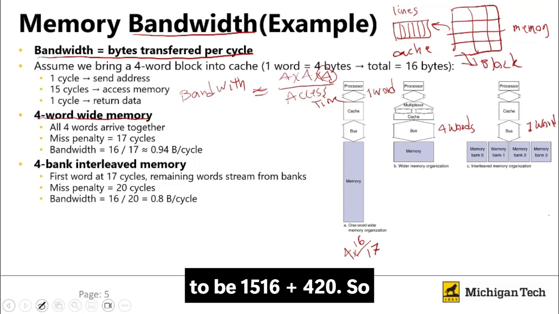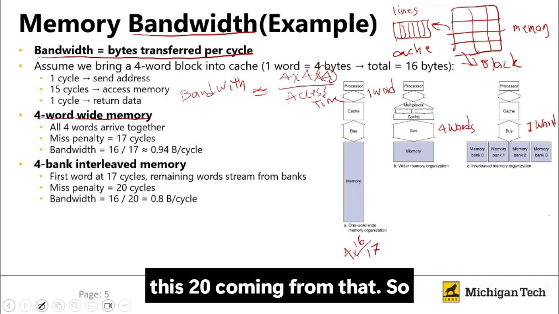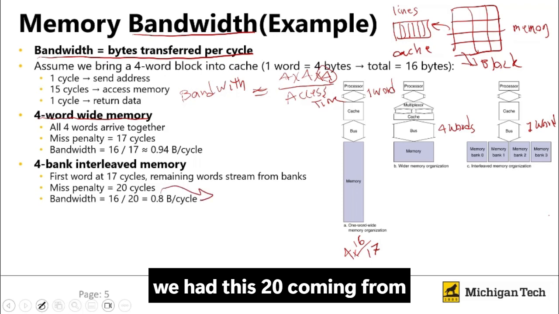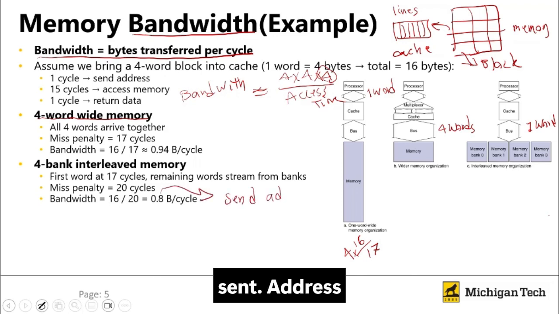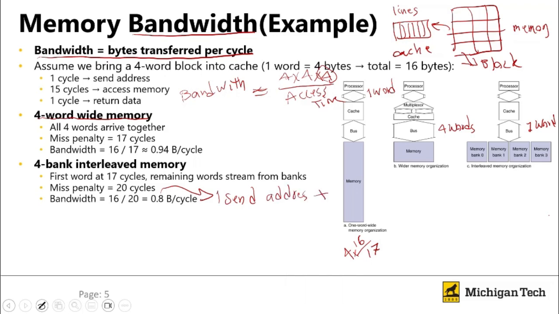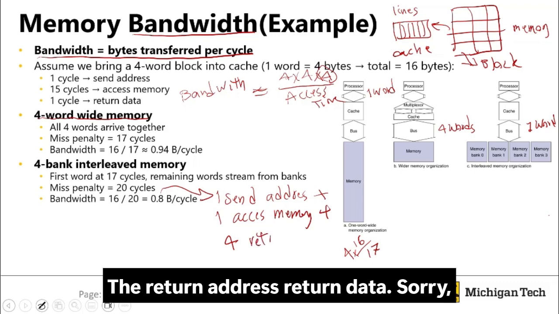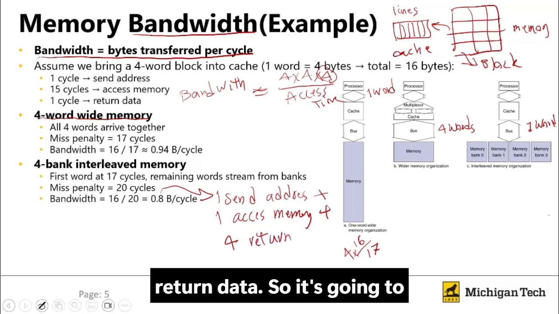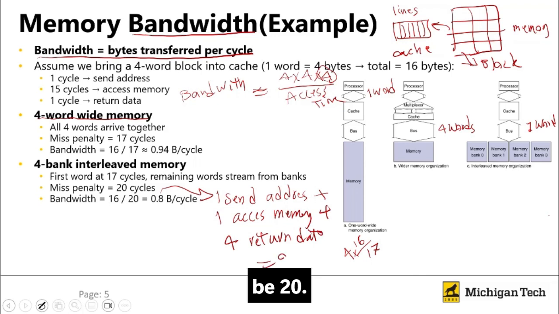So this 20 comes from 1 send address, 1 access memory, plus 4 return data. So it's going to be 20.